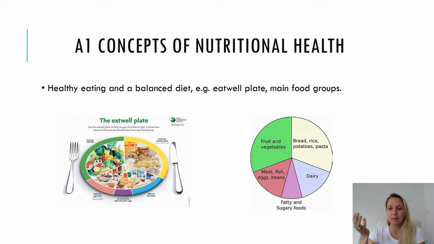And if you're going to be thinking about working in health in the future, you're going to be looking at all of your patients. What are they eating? If you're working in a hospital, or if you've been in hospital, the food's a bit gross, but it works really well on this Eat Well plate. It is a very balanced diet, because that's what Public Health England say it should look like.